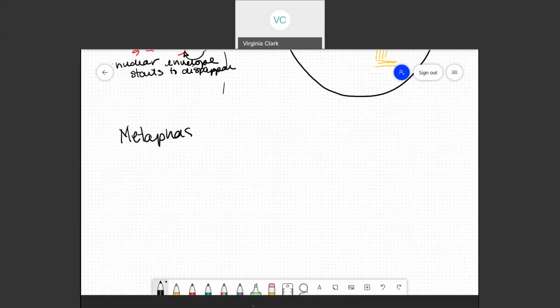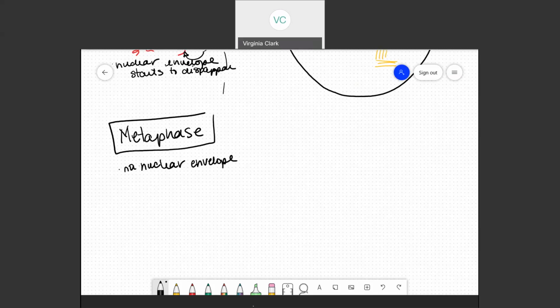Metaphase only has one phase, so there's not an early or a late. With metaphase, what is happening is you are going to have no nuclear envelope. Your nuclear envelope has disappeared completely.